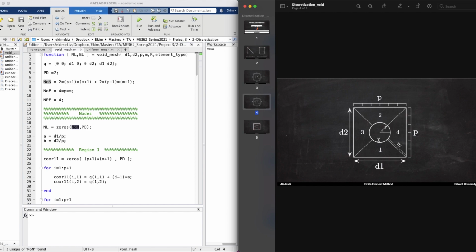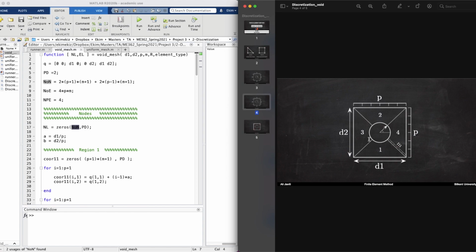So in region 1 and in region 2, we will have how many nodes? We will have p plus 1 times m plus 1 nodes, right? Because you can think of these two regions as what we had for the uniform mesh. It's just that they are warped on one of their edges.